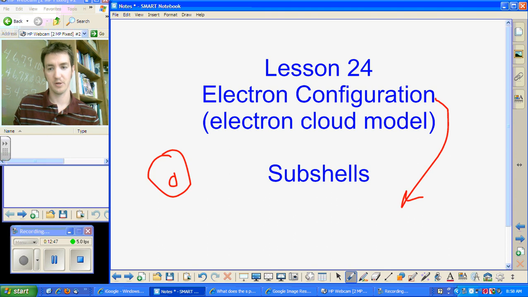The electron configuration is basically a list of all the electrons and where they live.